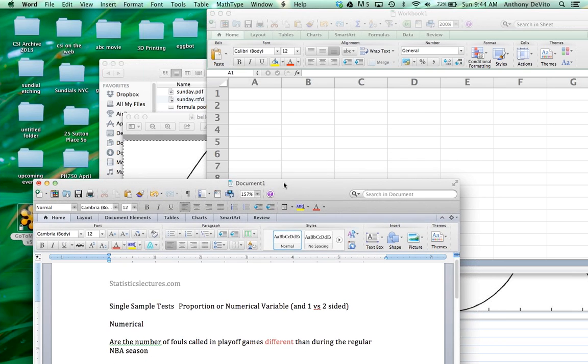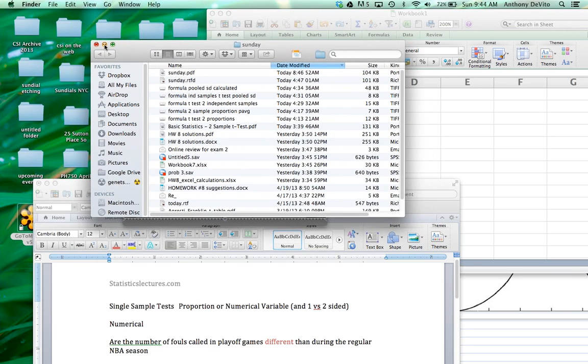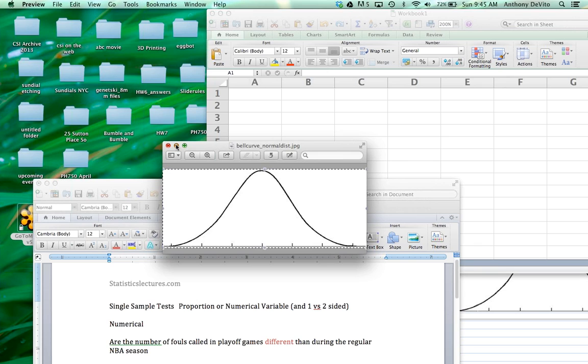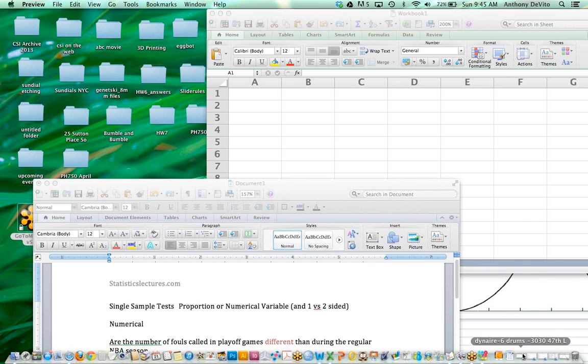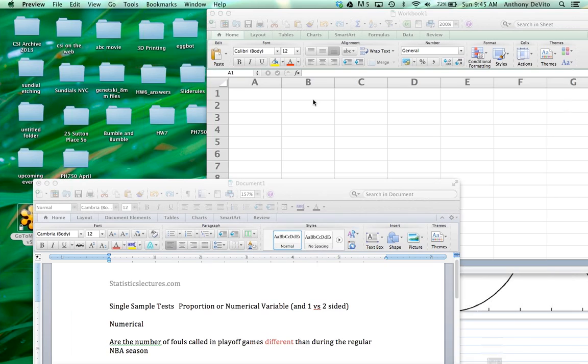Now, just to point out quickly, when we do a two-sided null hypothesis, whoops, let me get this out of the way. I hope I didn't close that. Let me see if I can get that back. Where'd it go?